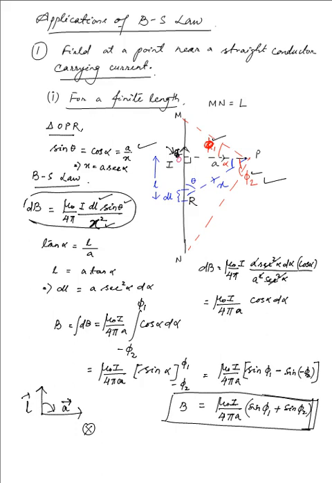And had it been in front of MN, that is out of the screen towards you, hanging between you and the length MN, then dl cross A would have been to the right hand side. You can check for yourself again. In case you are finding it difficult, you can use the right hand thumb rule and you can refer to the previous videos that I have made on vectors.